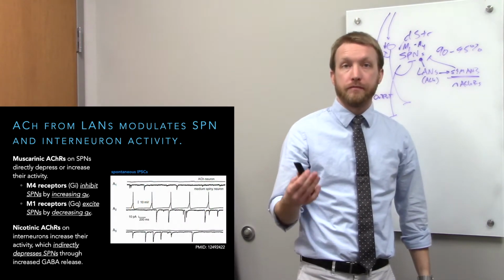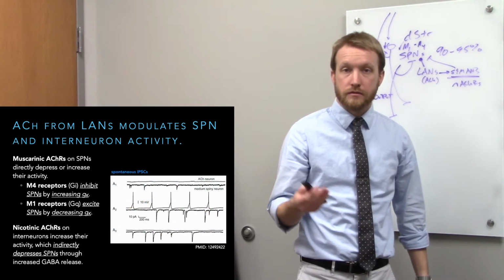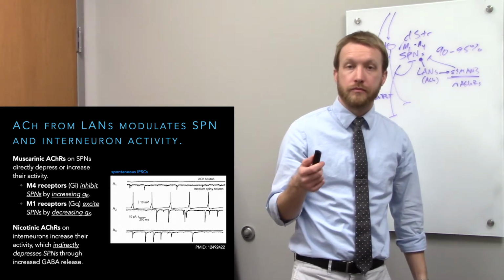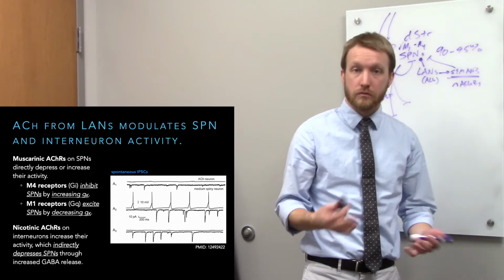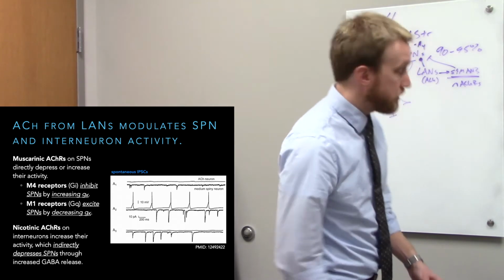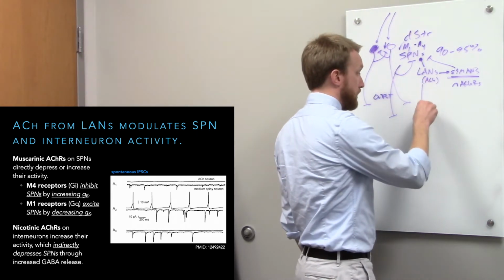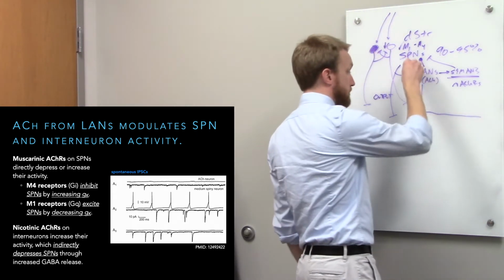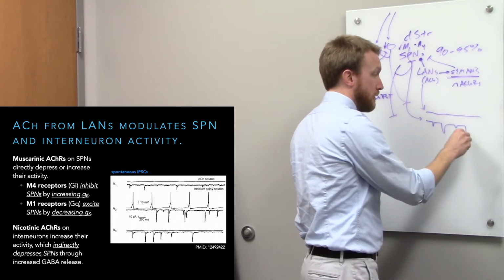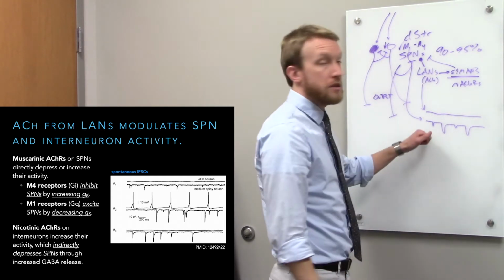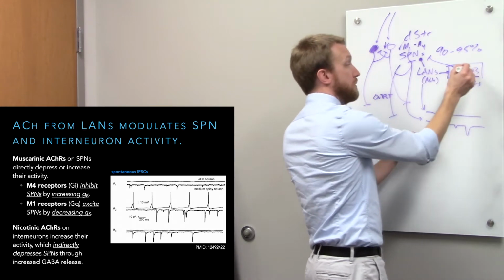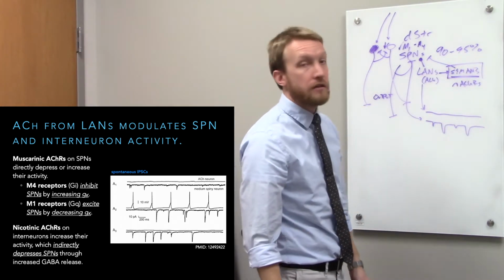Here we can see spontaneous inhibitory postsynaptic currents recorded in what they're calling medium spiny neurons, but we know to call spiny projection neurons. And what they're showing you would be the large aspiny neuron on top and the spiny projection neuron on the bottom. These IPSCs are recorded from input from the small and medium aspiny neurons.